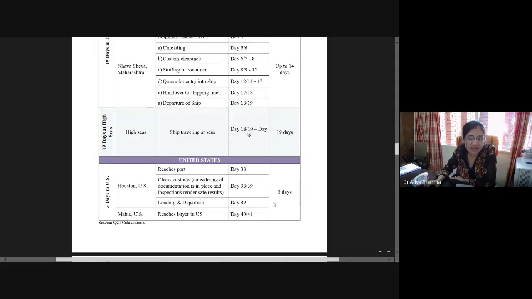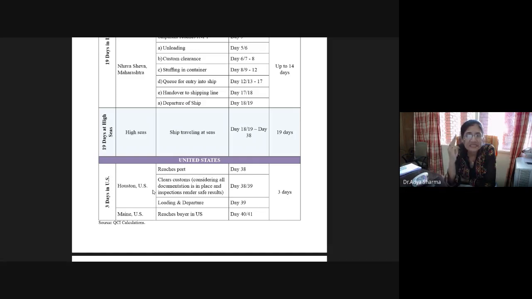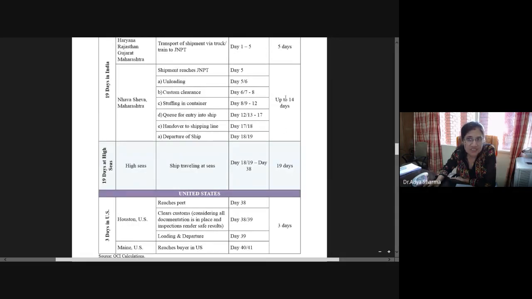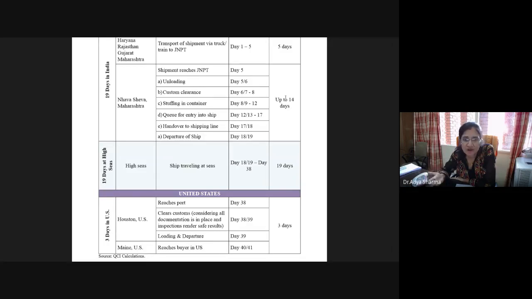And once it arrives in the US, it takes precisely 3 days from the day of reaching the port till the day it reaches the buyer. Please compare. 14 days, 3 days. No doubt, the amount we are spending on our logistics is far, far more than what is being spent in other countries, which makes our products so expensive.